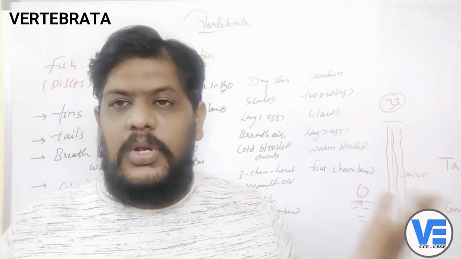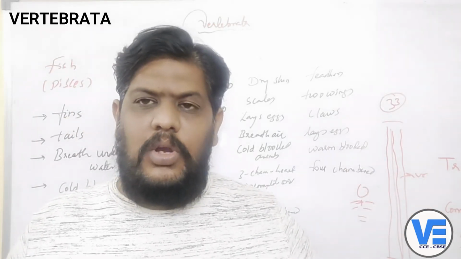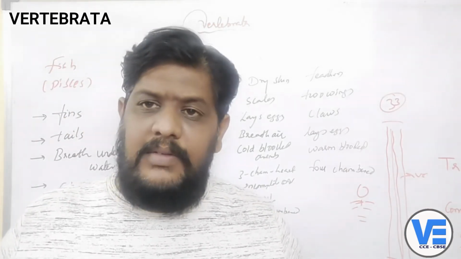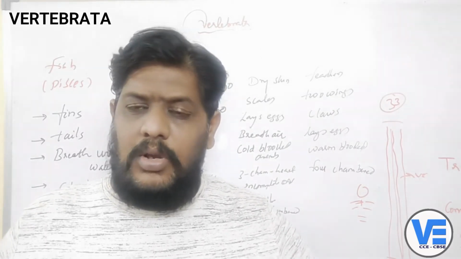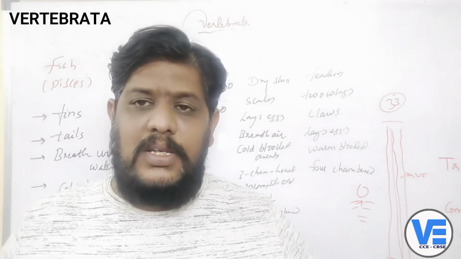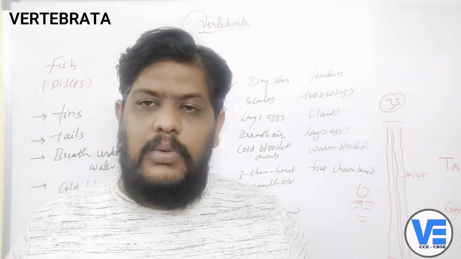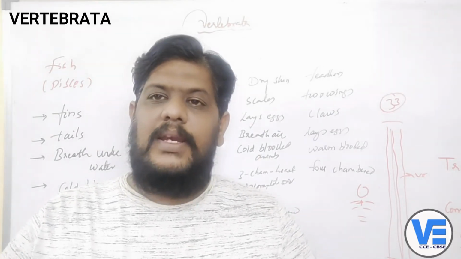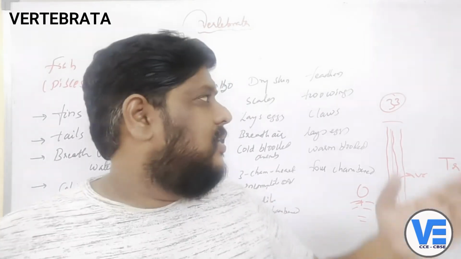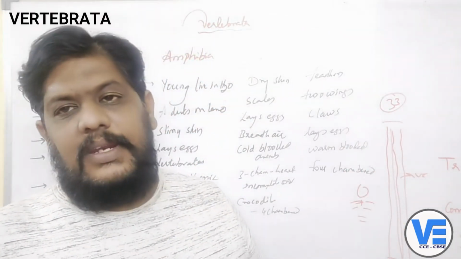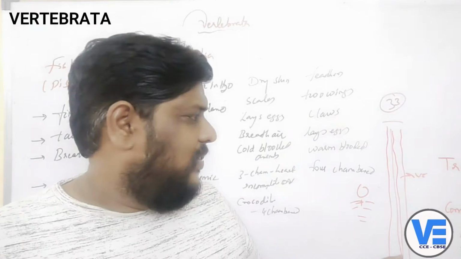When you talk about a human body or any other animal, you talk about the organs, right? You talk about the liver, the pancreas, the intestine, stomach, heart. Each and every organ is properly divided. That's how our tissues are completely divided into organs. Vertebrates will have that kind of nature.